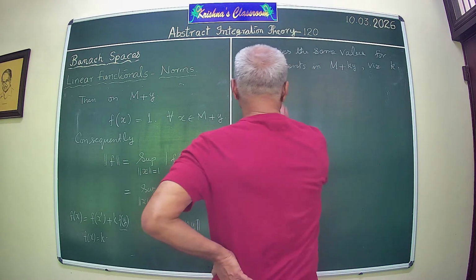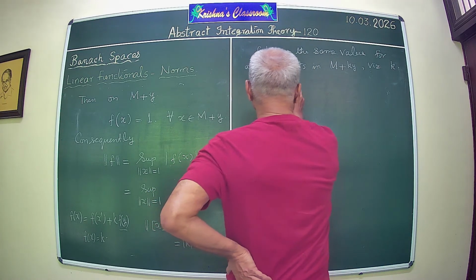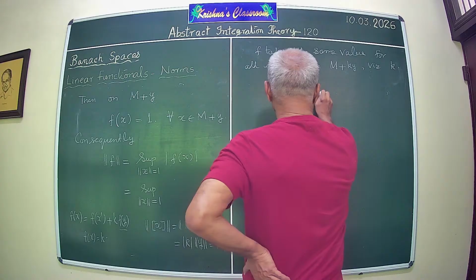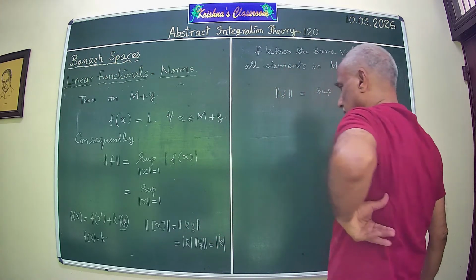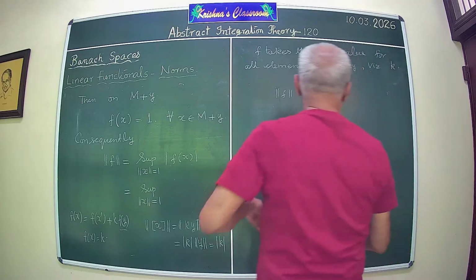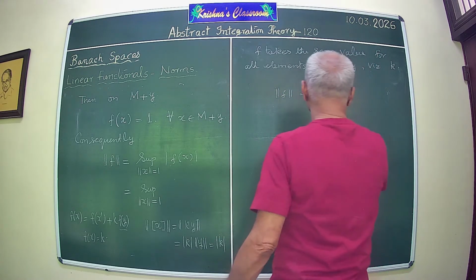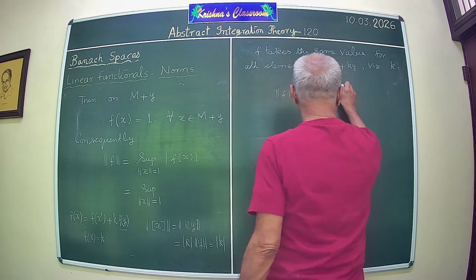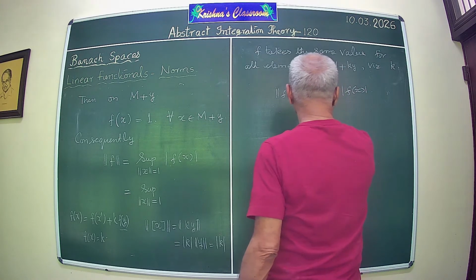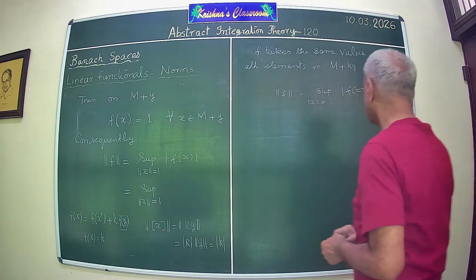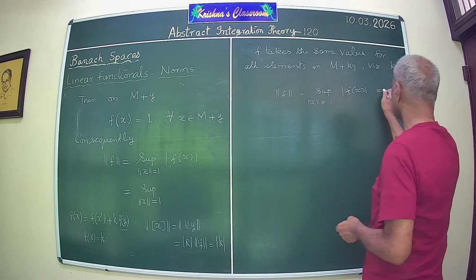So norm f would turn out to be the supremum of mod f of x over norm x, and this would turn out to be simply 1.